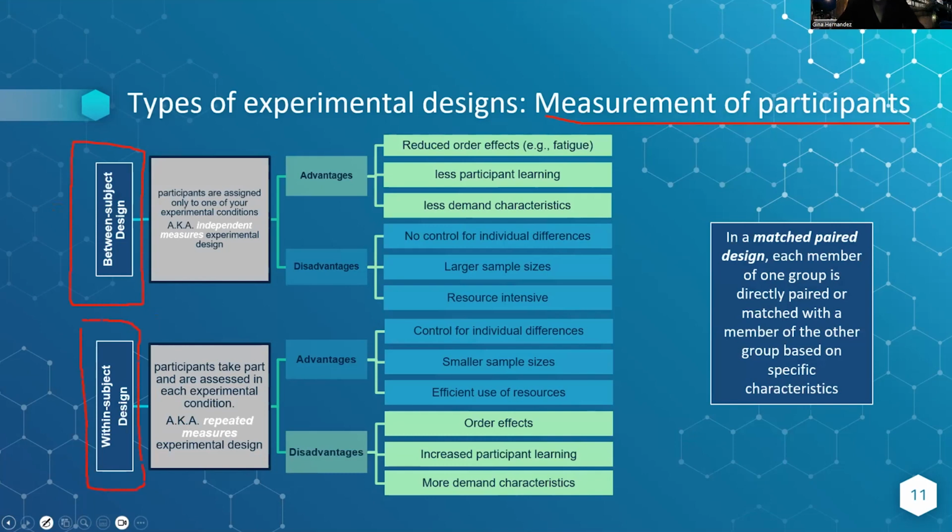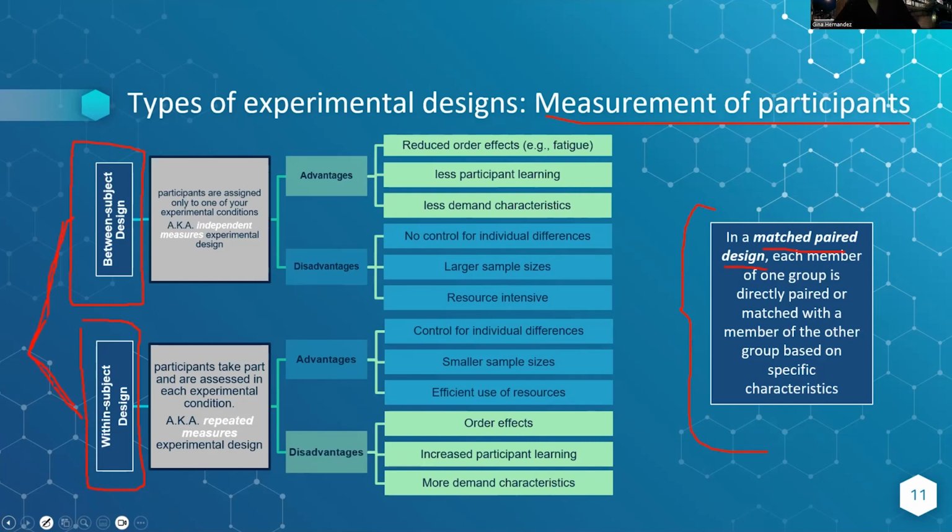So these between-subjects and within-subject designs are also present in non-experimental methods. So these are not exclusive to experimental methods, but one of them is, because we have three: between, within, and matched pairs design, and matched pairs is exclusive to the experimental method. So we will have this in this session, and these groups will also apply for our next session.